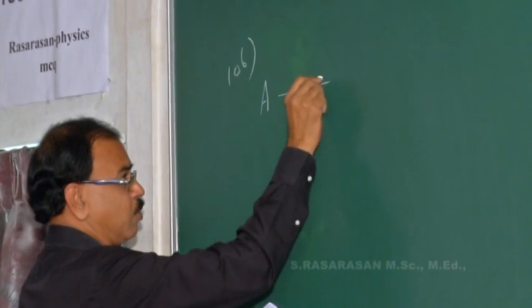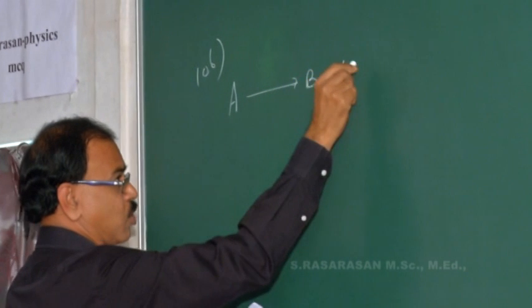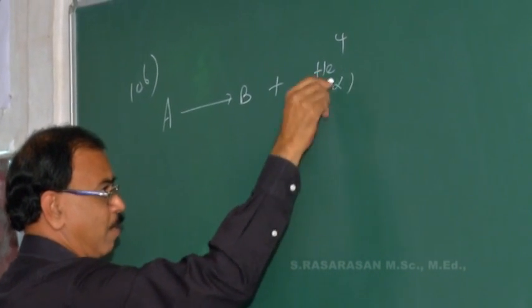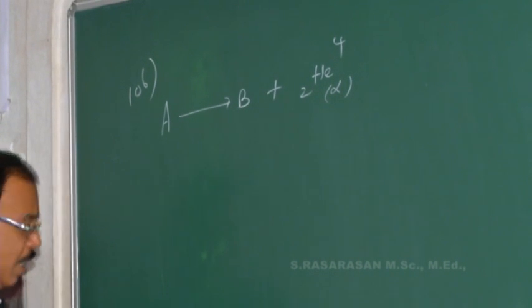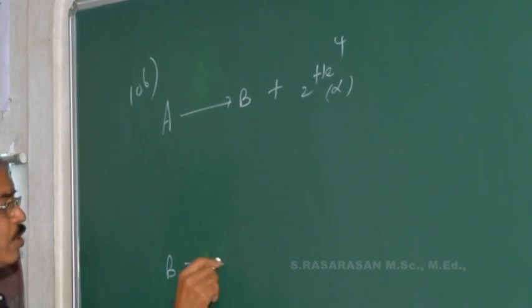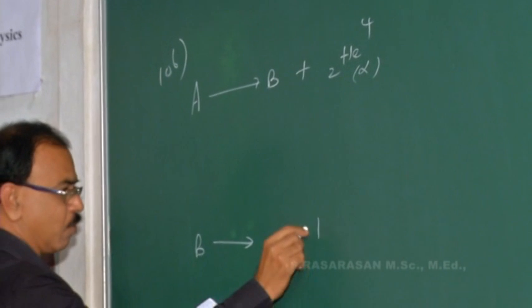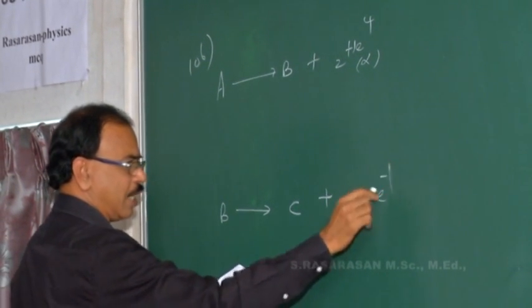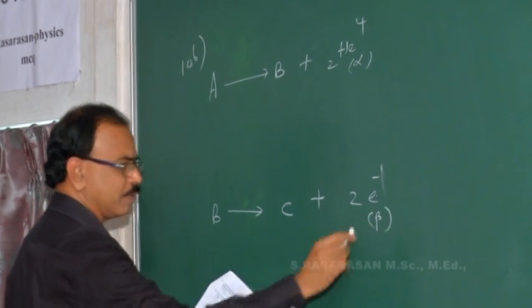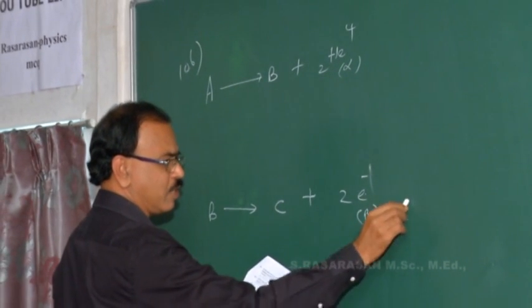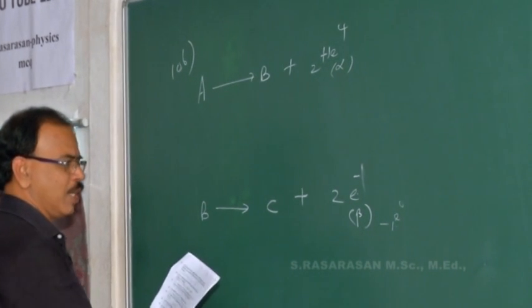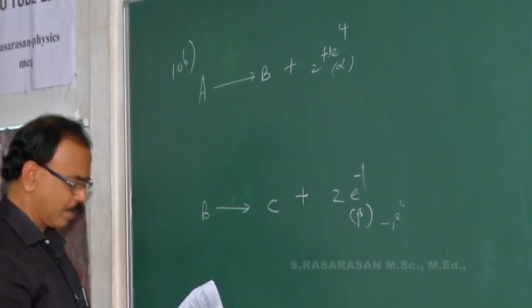A gives B plus 2 He4. 2 He4 is nothing but alpha particle, and B gives C with 2 electrons. What is electron? Beta particle. That is minus 1 E0, 1 beta, 1 electron. Similarly, 2 electrons are released.